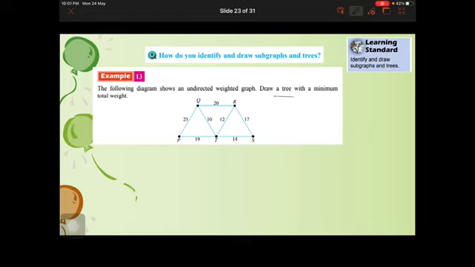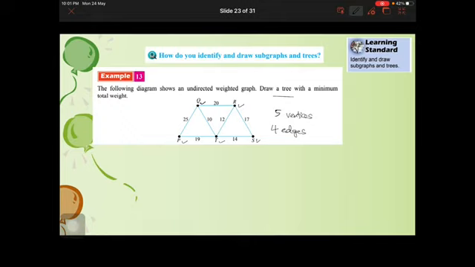Our number of vertices is 1, 2, 3, 4, 5. So that means we have 5 vertices, therefore it should be 4 edges. But what we have here is 7 edges, so we need to remove 3 edges.